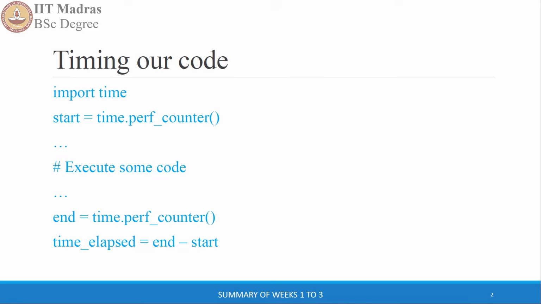This function returns a value which may not have any significance on its own, but when we call this function before the beginning of the code and then at the end of the code, and get the difference between these two values, it tells us the exact time taken by the code block between these two function calls.